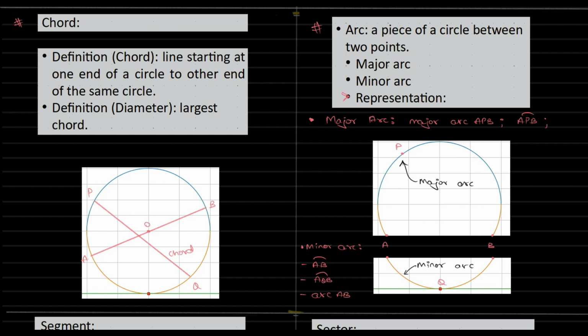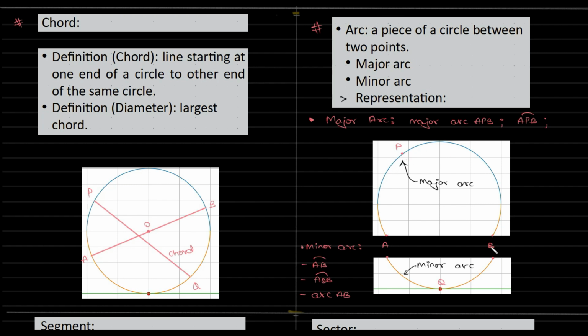Let me just change the presentation. This is how you represent major arc. Just write major arc APB, or if not APB, you need to name the point on the circumference.